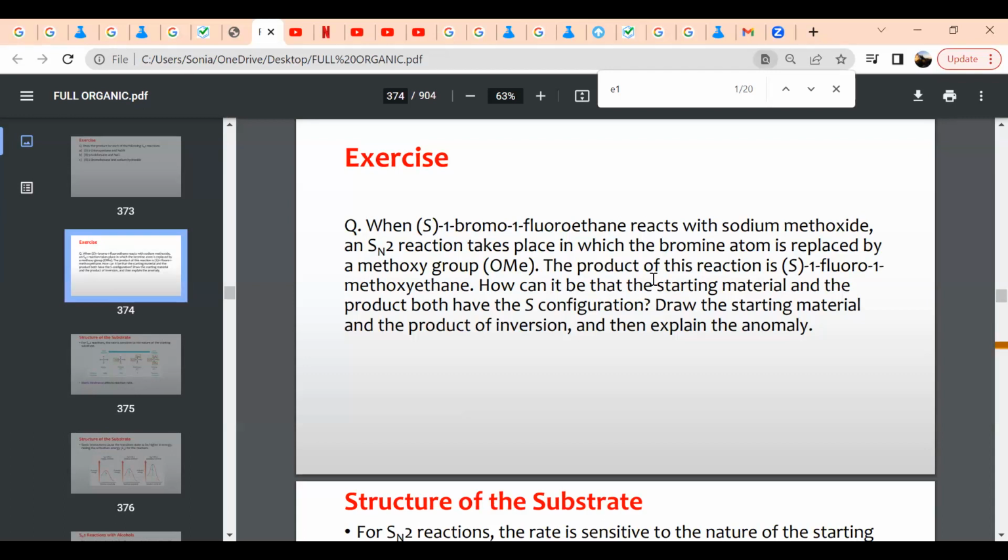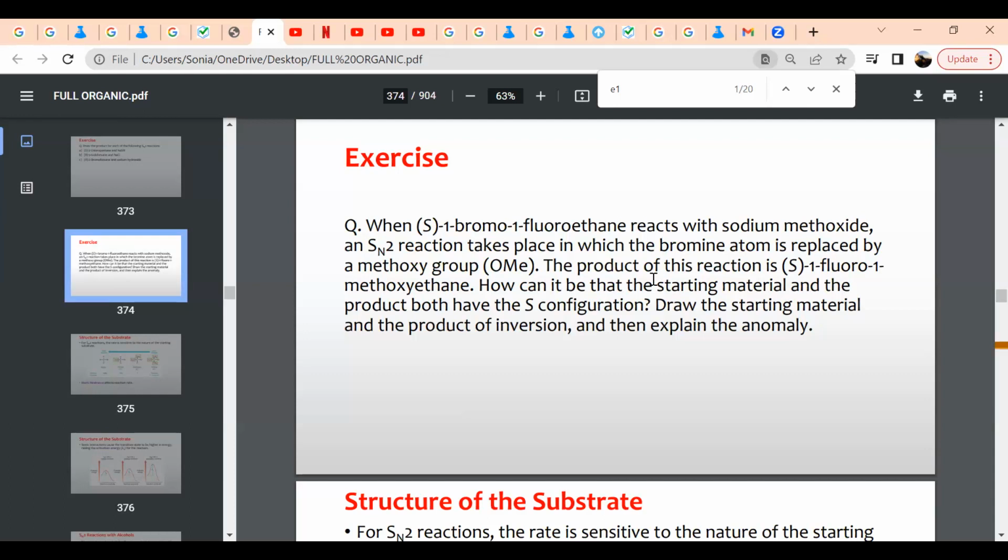The priorities change around the group because you're adding a methoxy group, which has a higher priority compared to the fluorine, which had second priority in the product. So when the priority changes, the configuration stays the same, but I'm not too sure. I had seen something like that.